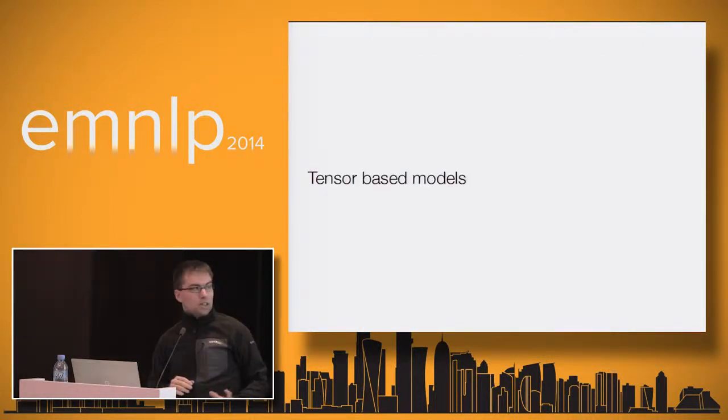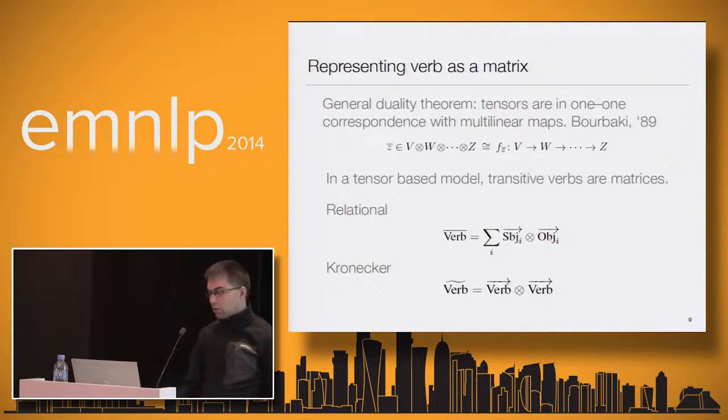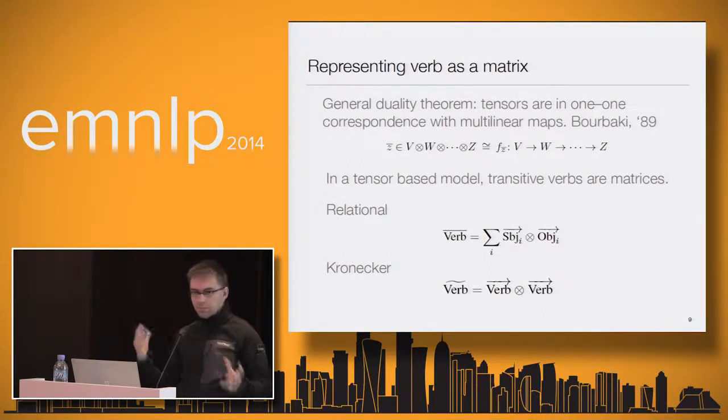So let's now go to the tensor-based compositional approach. There, we want to compose our word vectors. If we go back to formal semantics, the verb was a predicate, and a predicate takes arguments.